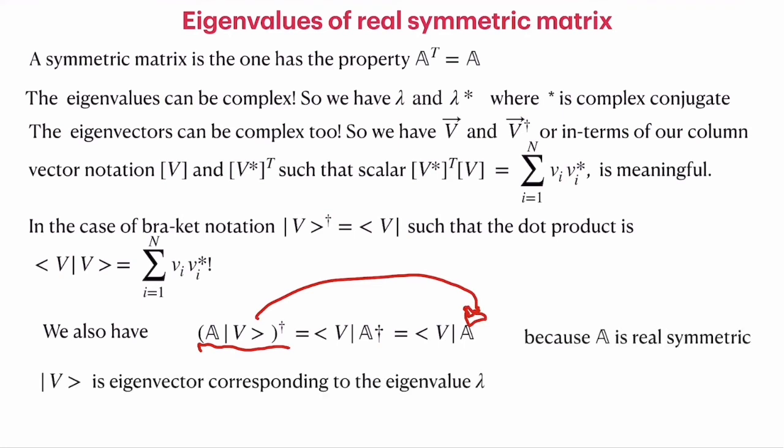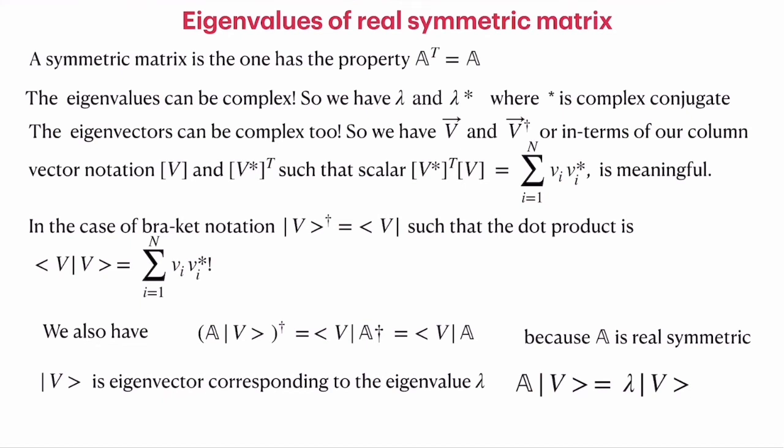Now we show that the eigenvector corresponds to the eigenvalue lambda. Let V be the eigenvector of the matrix A with the eigenvalue lambda.